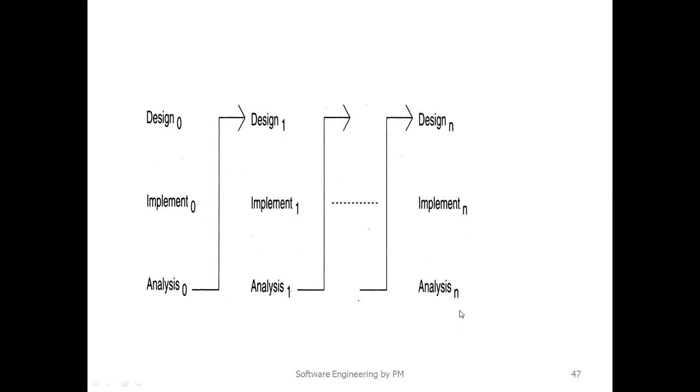At the end of the last increment, we would have the required software with us. Each increment adds some functional capability to the system until the full system is implemented.